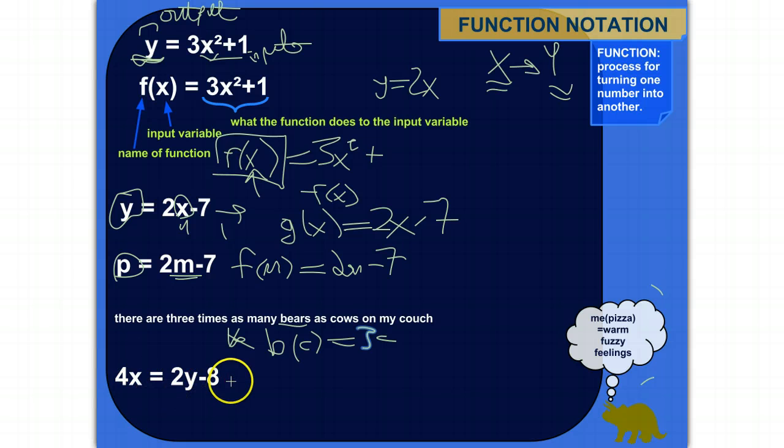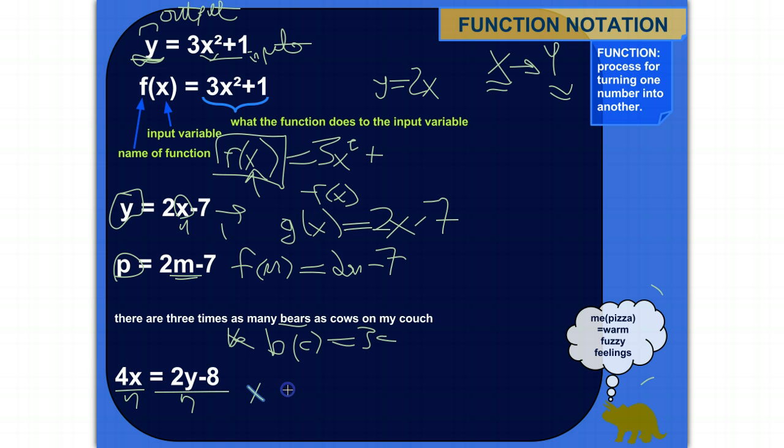So let's rewrite this as x as a function of y, and that's just to mix things up. Usually it's the other way around, so I'm feeling a little bit rebellious today. So let's define this as x in terms of y. So we need x by itself. So x is being multiplied by 4. So all we need to do is divide both sides of the equation by 4 to get x by itself.